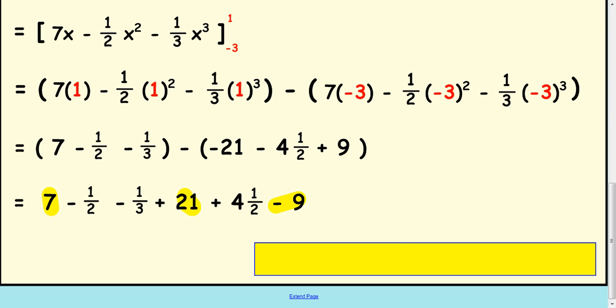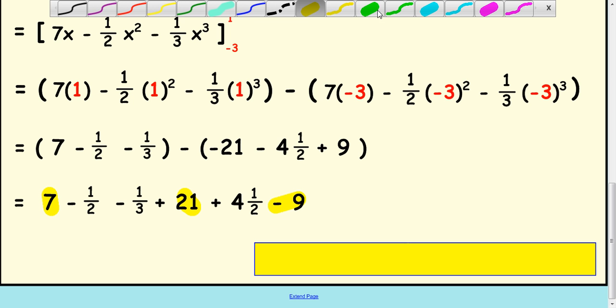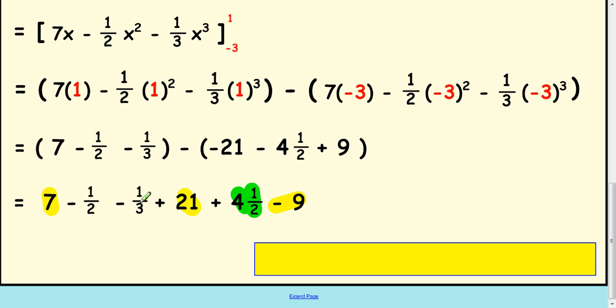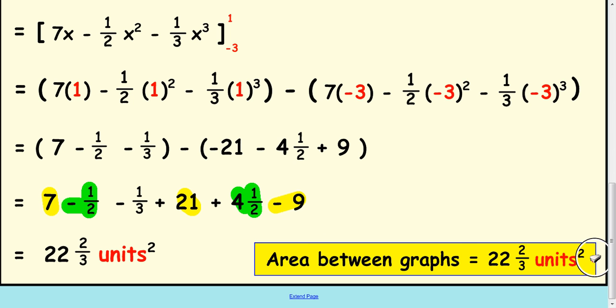If you then turn your attention to the 4.5 and the half, take away a half. So we're at 19, and then that's just going to come to 4, isn't it? So 19 add 4 is 23. So we're at 23, and if you take away a third from 23, you get 22 and 2/3. And that's the answer. 22 and 2/3.